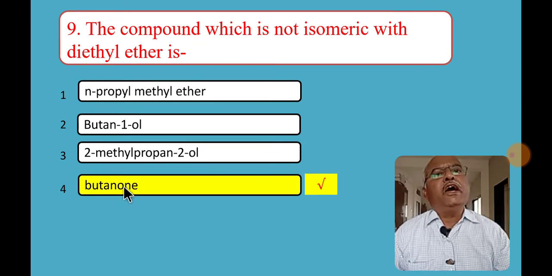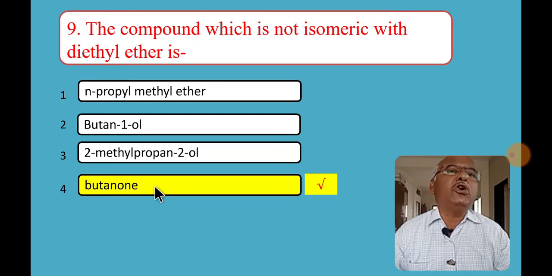In butanone, a ketonic group is present. In this ether, an ethereal linkage is present. In this butan-1-ol an alcoholic group is present. In this example also an alcoholic group is present. Therefore, these are isomers, but butanone contains a ketonic group. Therefore, it is not an isomer.